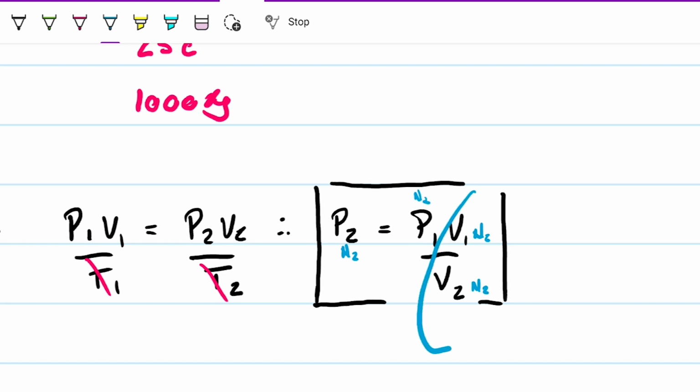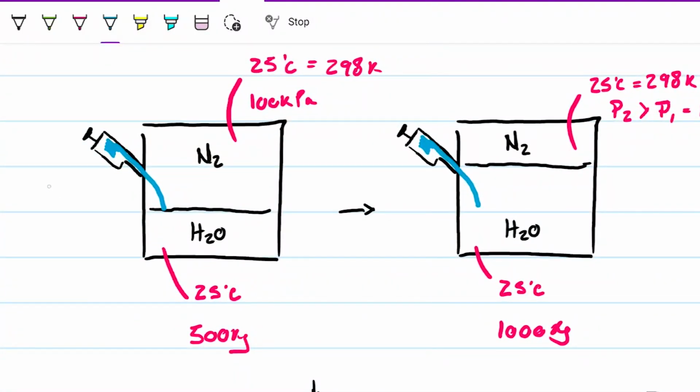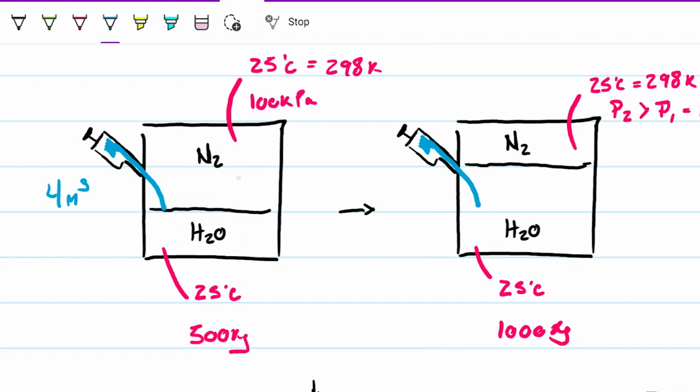So the question is, what is the volume of the nitrogen in 1 and 2? We know that this tank has a total volume of 4 meters cubed, the total volume inside here. We also know that whatever is not occupied by water is occupied by nitrogen.